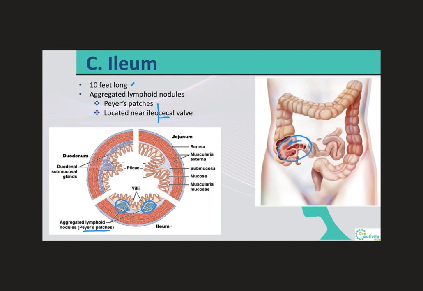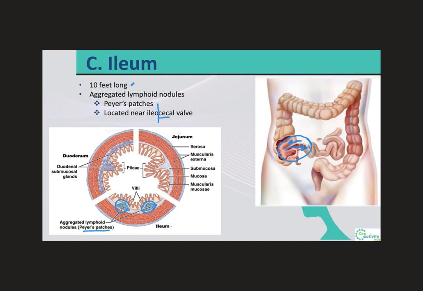specifically in the large intestine we have large amounts of bacteria. These are normal bacteria that we need for our digestive system to work properly, but they do not belong in the small intestine. And once the ileocecal valve opens, we don't want the bacteria from the large intestine to come into the small intestine.